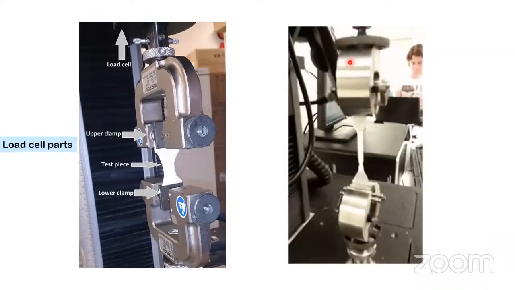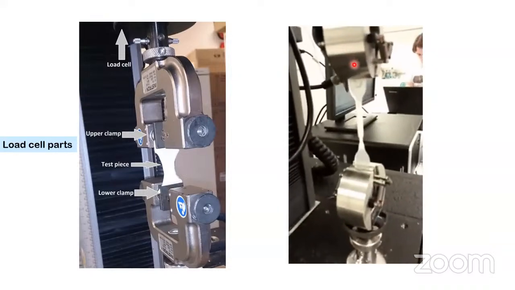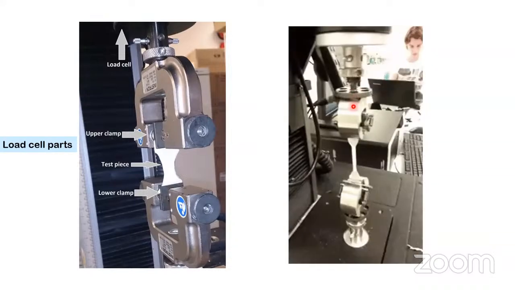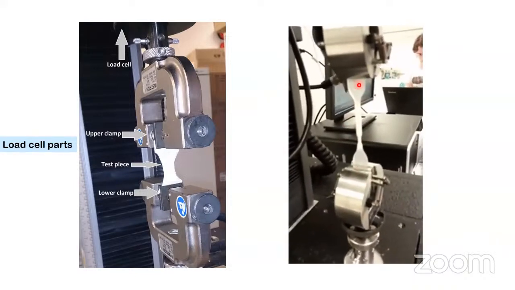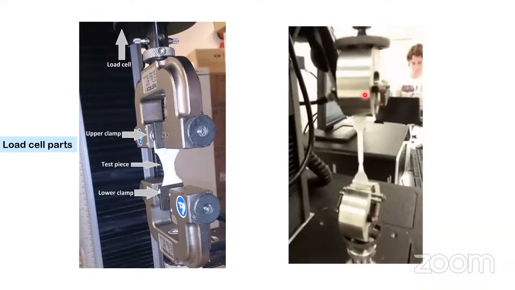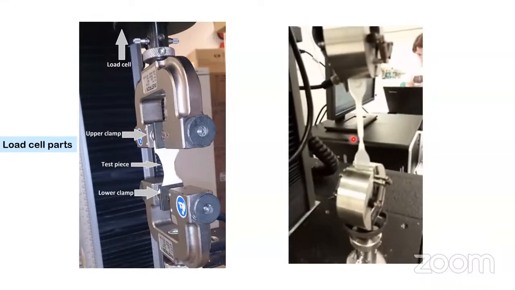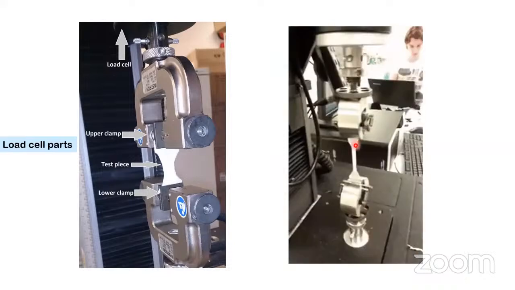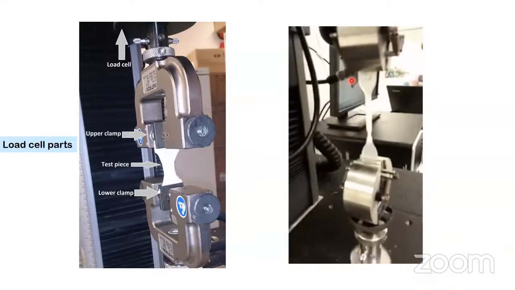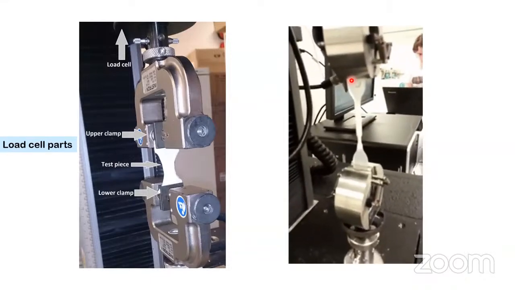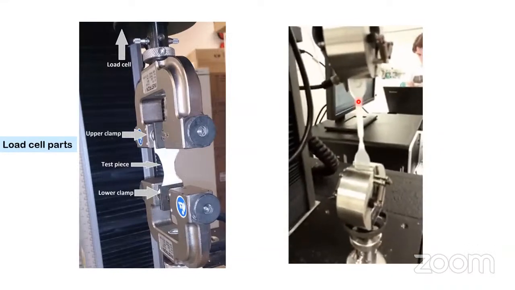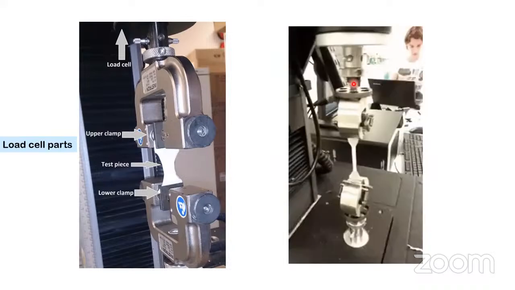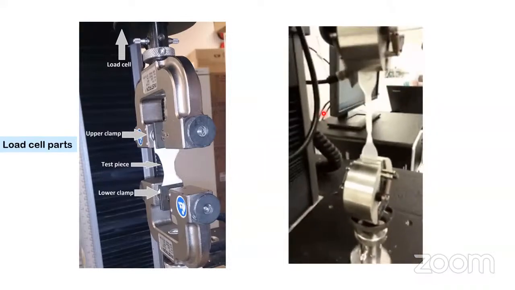In this image, the dumbbell shaped specimen is clamped to both jaws of the machine, and the movable clamp is pulling the specimen in an upward direction. Correct? Can you see this?